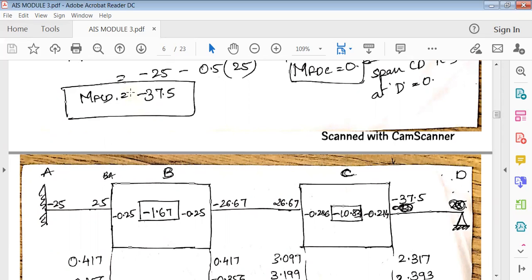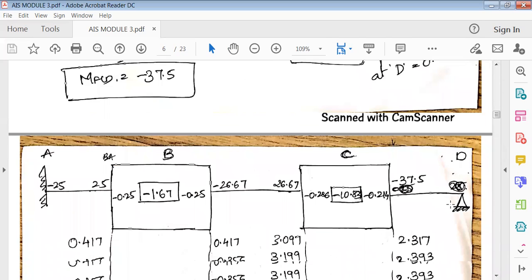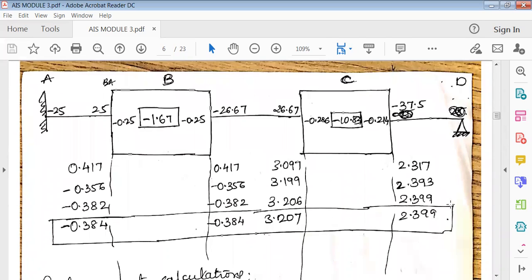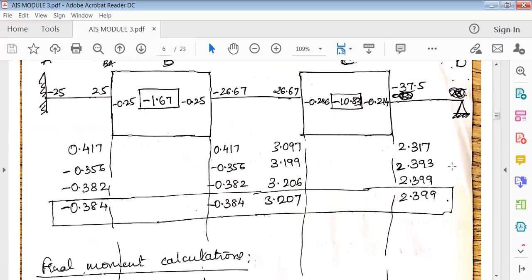So the modified moment here is MFCD equal to minus 37.5, and MFDC is equal to 0. The main important thing here is you have to make joint D 0. To make joint D 0, again half of this should be transferred to this portion, and that is the modified moment. You have to write it here. So the end product is that the moment at this portion should be 0.